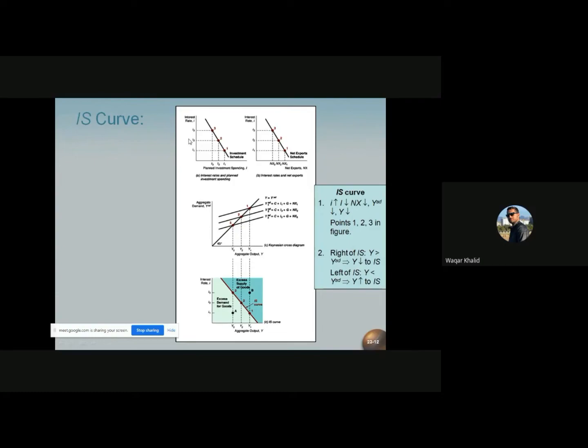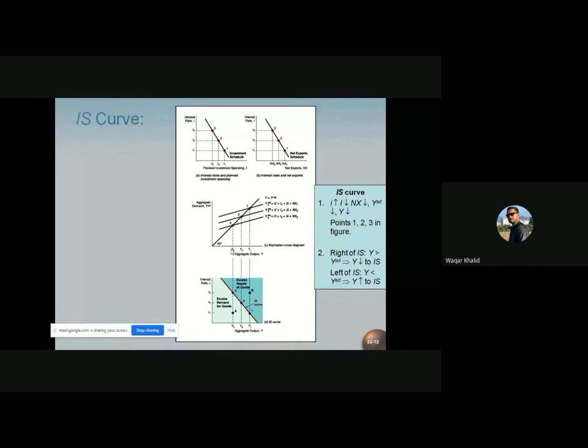But when the interest rate again rises from I2 to I3, it means the planned investment expenditures decrease from I2 to I3, and similarly the net exports decrease from NX2 to NX3. It means that both the planned investment spending and net exports decrease from the original position. We are moving from point 2 to point 3, and at this time we have Y3, which is the aggregate level of output.